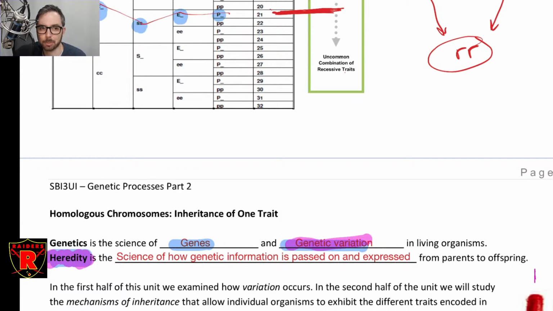I'll give you a great example. BRCA1 and BRCA2 are genes that code for a predisposition. Predisposition means a likelihood that you will have breast cancer. If you have the BRCA2 gene, I believe that your chances of getting breast cancer are like 90% or 95%. It's extremely high.